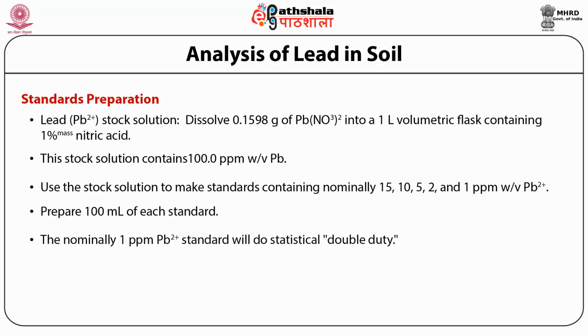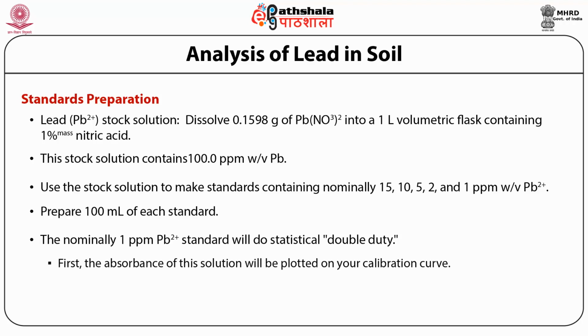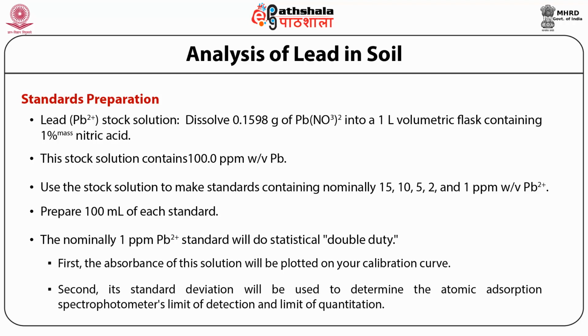1 part per million lead is usually used as a standard and it is used for 2 reasons. One, the absorbance of this solution will be plotted on a calibration curve, and second, its standard deviation will be used to determine the atomic absorption spectrometer's limits of detection and quantitation.